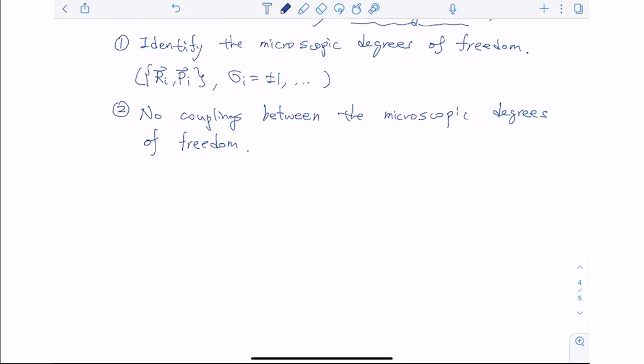Here I'm just going to use 2 examples, for the particle systems and the spin systems.